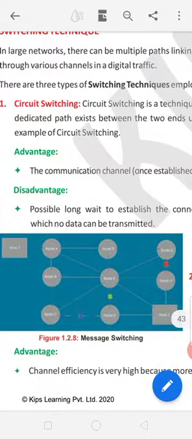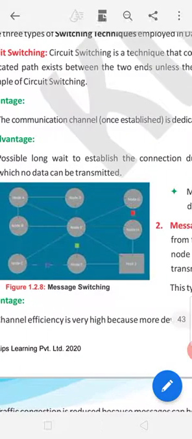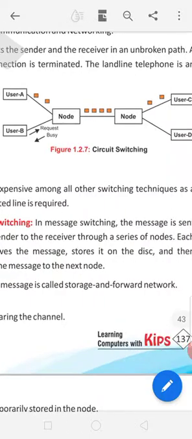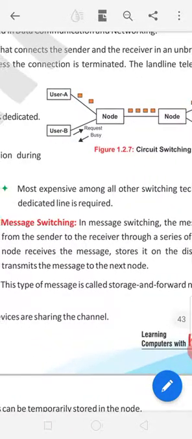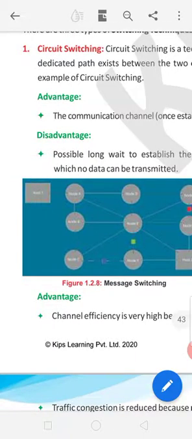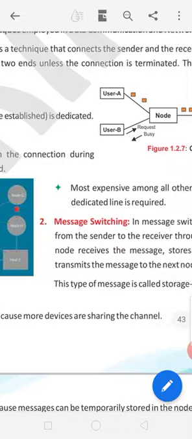First, circuit switching. Circuit switching is a technique that connects the sender and the receiver in an unbroken path. A dedicated path exists between the two ends unless the connection is terminated.